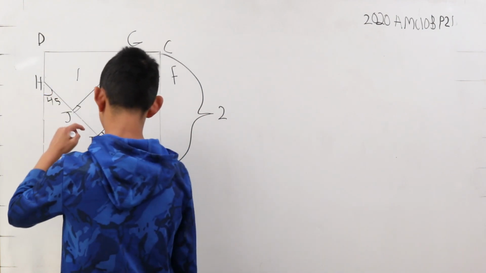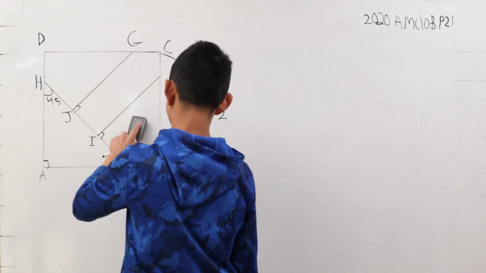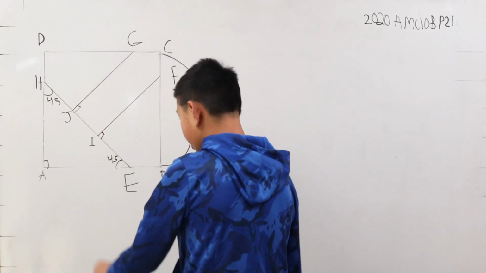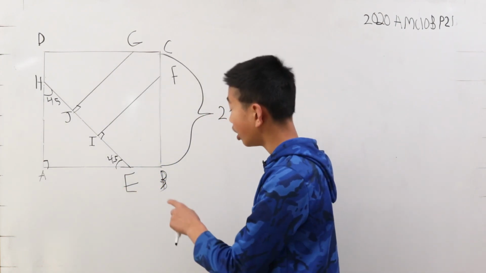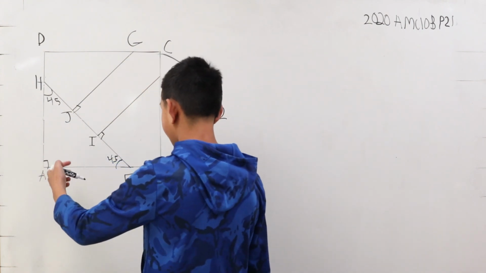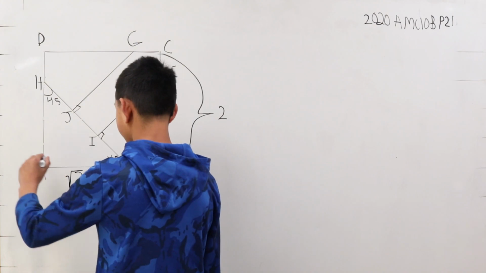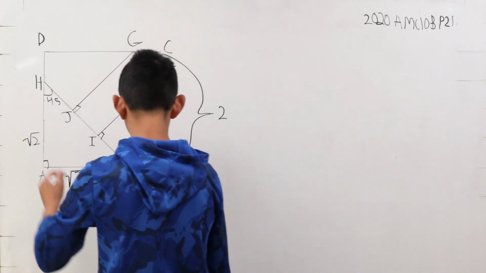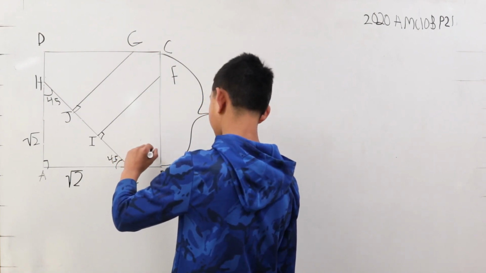Since triangle AEH's area is 1, each side of this isosceles triangle is going to be square root 2. So, EB is going to be 2 minus square root 2.